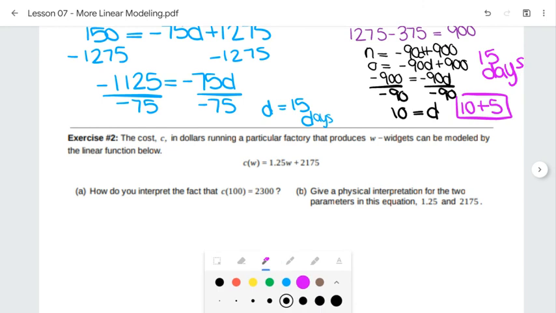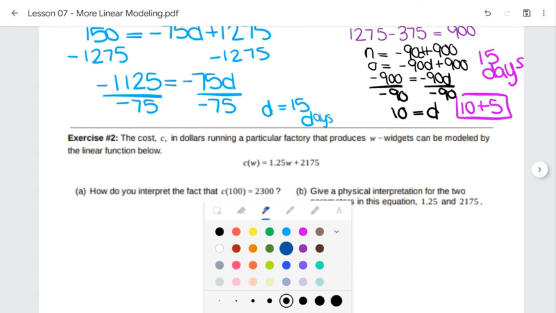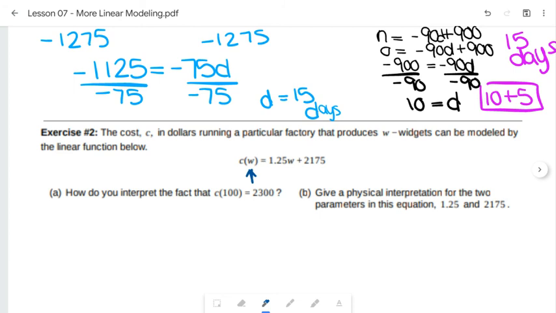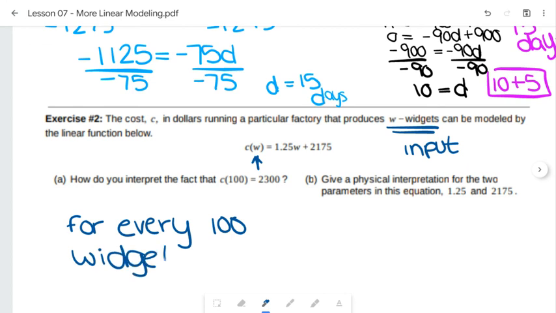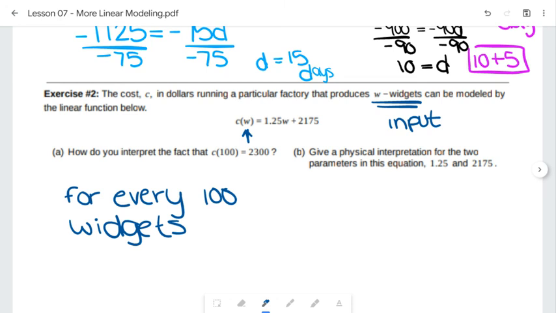So basically, let's think about it. We've talked about functions before this unit. So we're thinking about W here. We're plugging in W, so that's our input, and the input's widgets. Now let's think, the output is what we would get as an answer here.